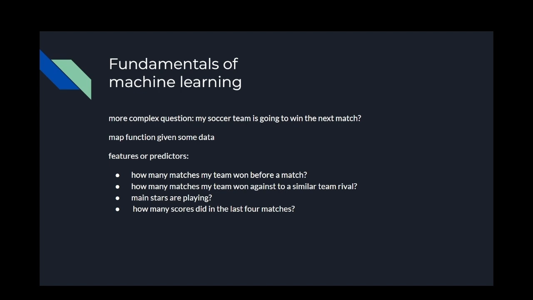So we can put all this together and make our prediction. So what a machine learning model is going to do is learn from this data which results were good, which results went bad, and then apply that to the next match, and therefore make a prediction. Not so complicated if we see it in that way.